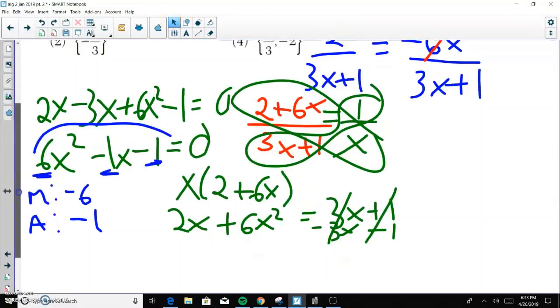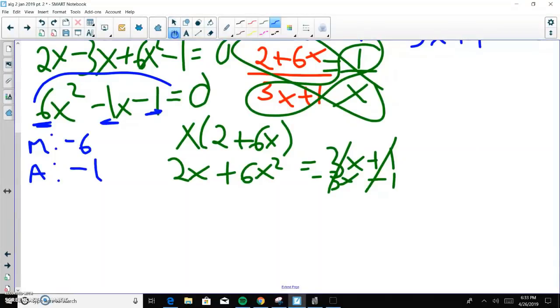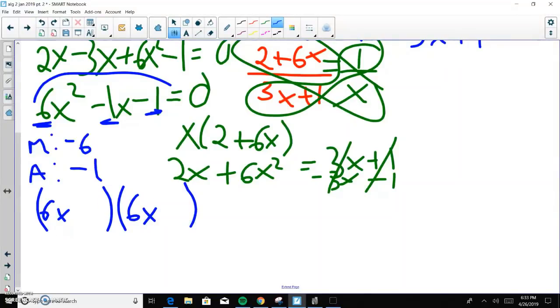So, if you're doing what I'm doing, you'll have to start off with 6x, 6x. So, negative 3 and positive 2 do this. Negative 3 times 2 is negative 6.